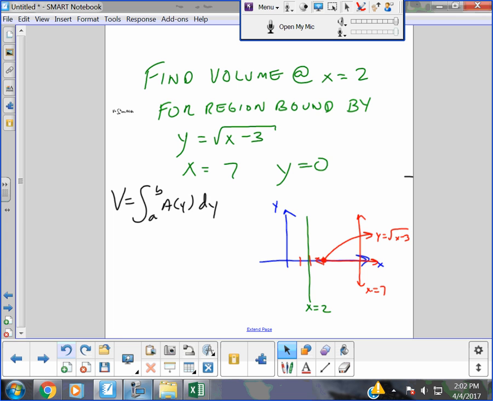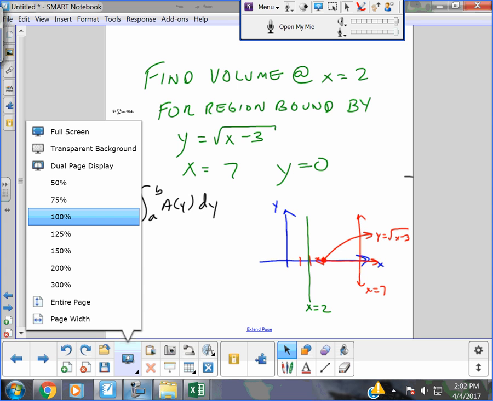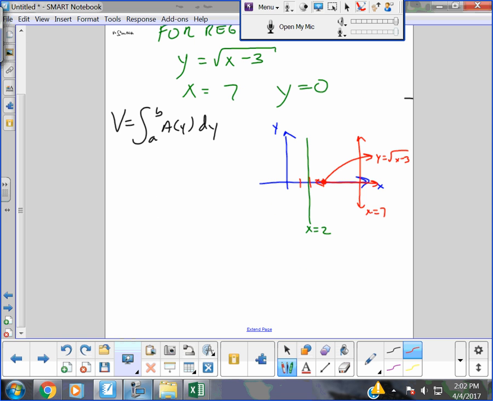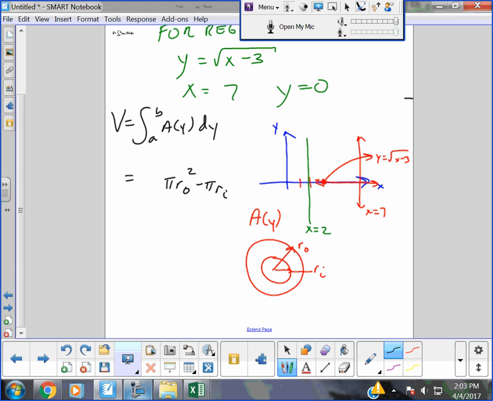So when I draw the shape here, moving my way down the board, my A(y), my cross-sectional area here, is a washer with some outside radius, some inside radius, RO and RI. And we know the area of this up here. It is pi RO squared minus pi RI squared dy.